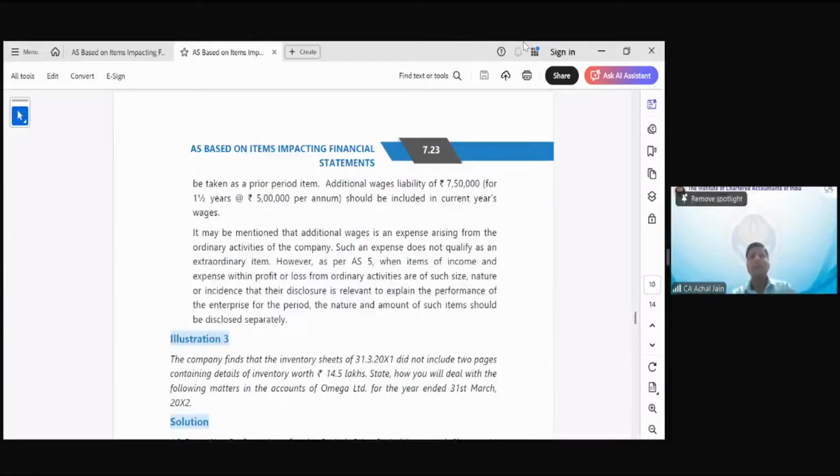If there is a change in accounting policy and you disclose that, the user will be able to understand that during the year this change had taken place, and because of this change, this is the impact in the financial statements. So that's how you will be treating that.